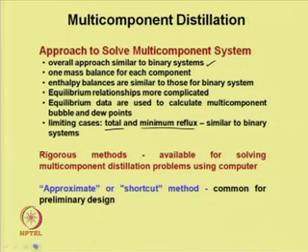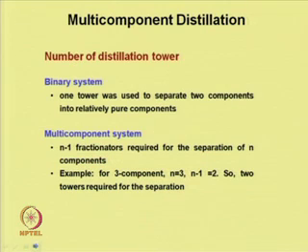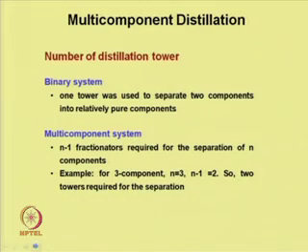Today, we will discuss some of the shortcut methods, how to calculate the number of plates required to get a desired separation. In this case, we will consider how many towers are required for multi-component systems. As we have seen, for a binary system, one tower is used to separate 2 components into relatively pure components.